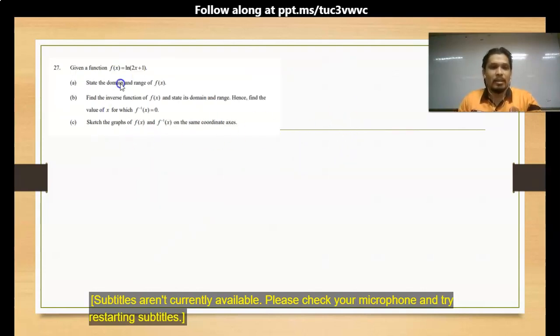Okay, now given a function f(x) equal to natural log of 2x plus 1, state the domain and range of the function f(x).